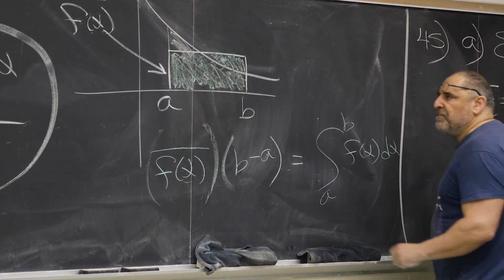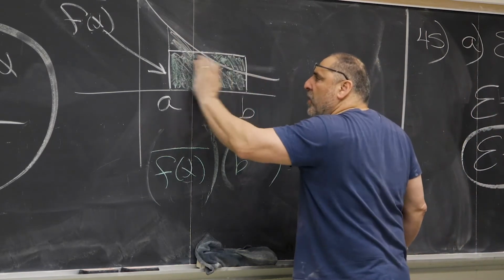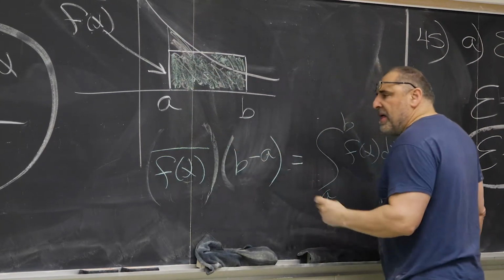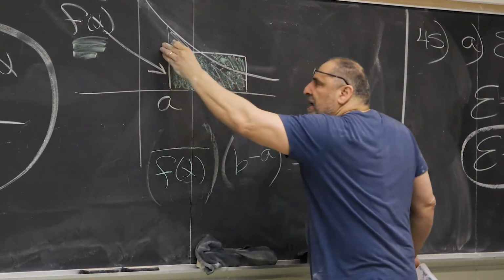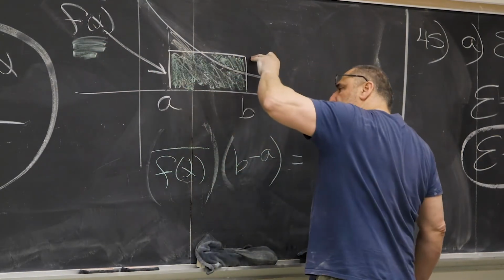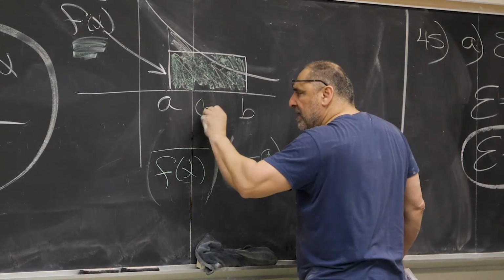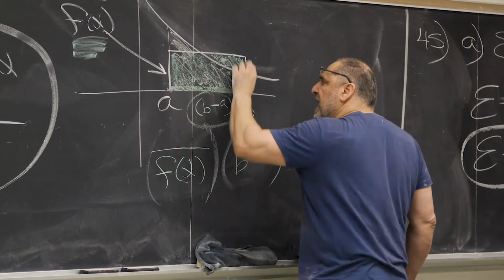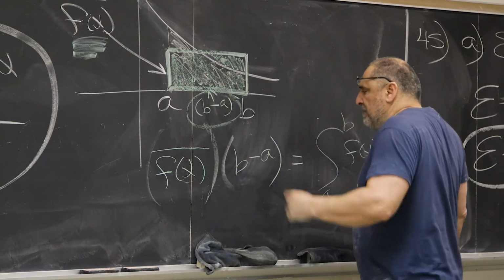If the rectangle's area equals the area under the curve, then the average height times B minus A, that length right there, that's B minus A.